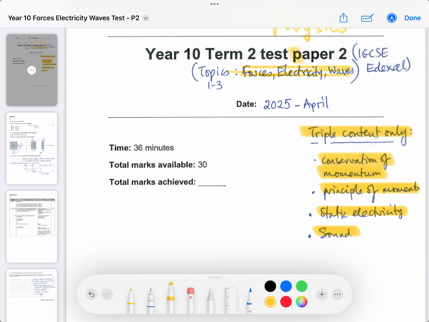So that's why we called it a paper 2 practice. Okay, forces, electricity, and waves. Okay, so if you're revising for your IGCSE this year, even though it's Year 10, it's actually perfect for Year 11 students. Okay, IGCSE, EdExcel, physics, and let's go straight into it.